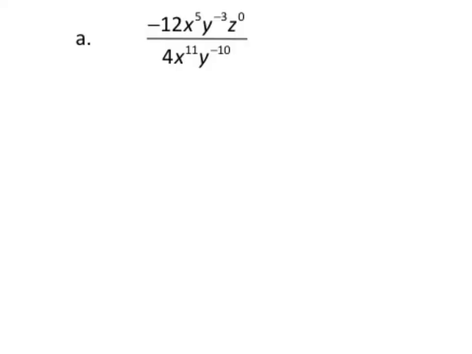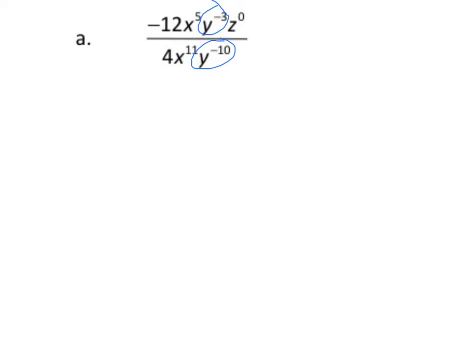In this next example, I'm simplifying a bigger expression with a few negative, a few positive exponents. The first thing I like to do is take all my negative exponents and move them to the right place. So they're in the wrong place when they're negative. This y to the negative 3 needs to move down to the bottom, and y to the negative 10 needs to move up to the top.